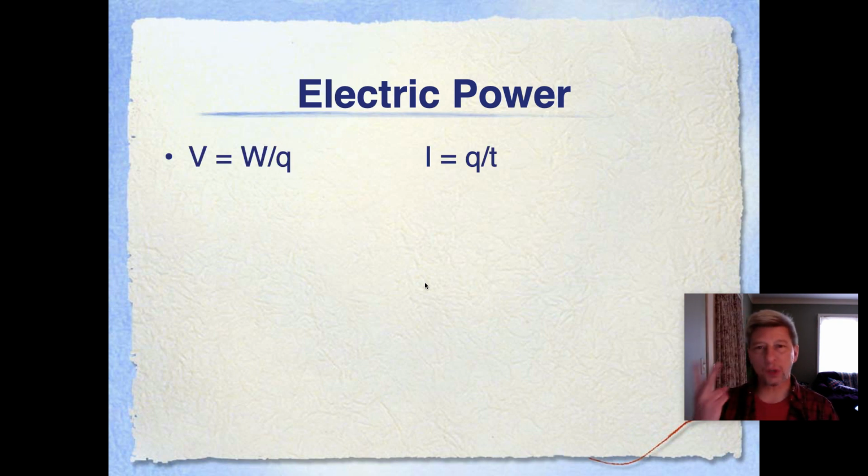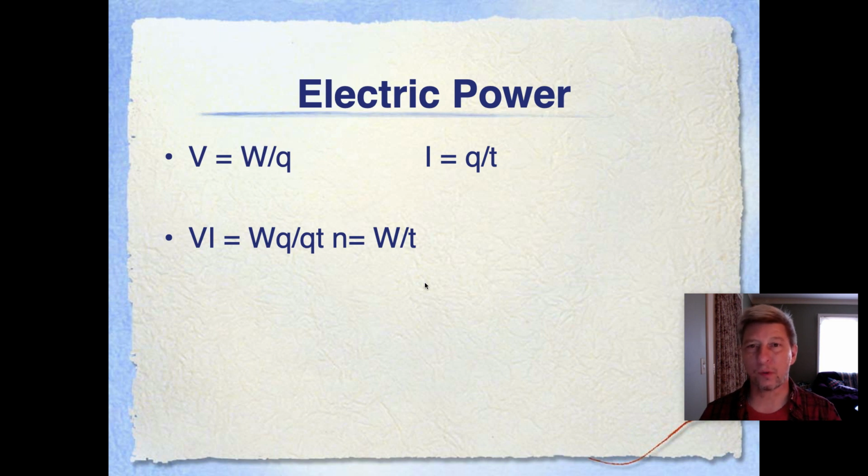So we're going to start with two formulas, okay? The formula for voltage, which is work divided by charge, and the formula for current, which is charge divided by time, okay? Both of those are formulas that we've used in the past.